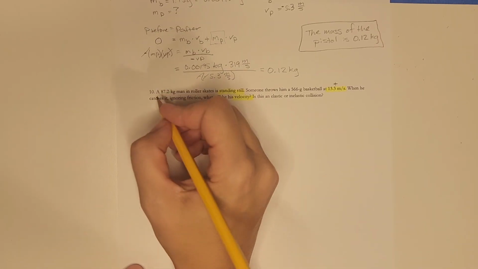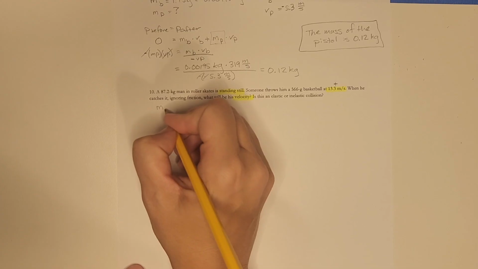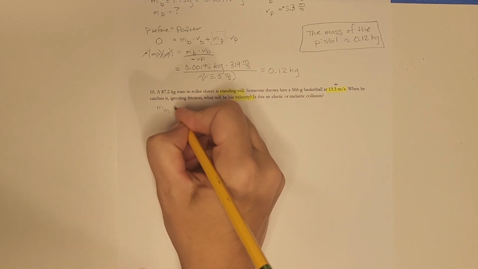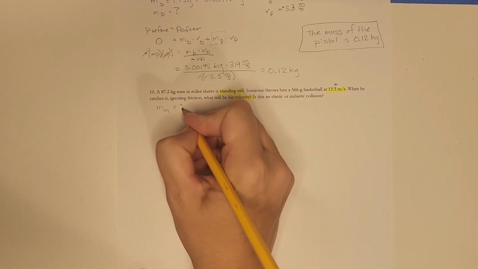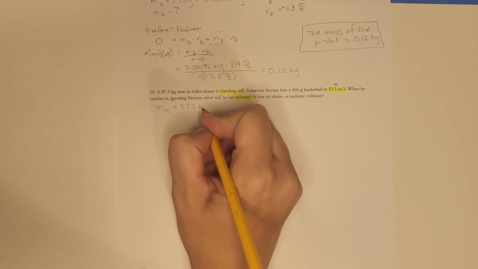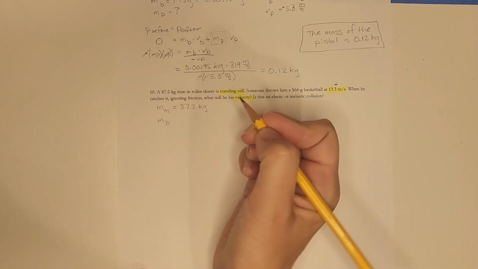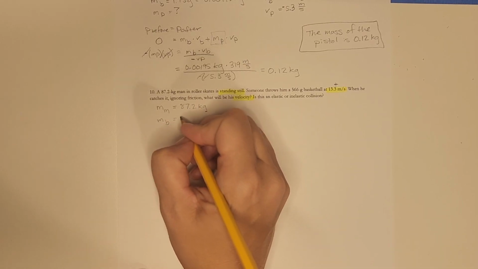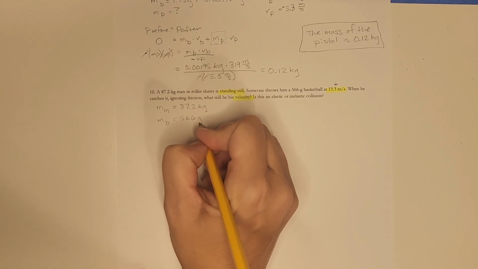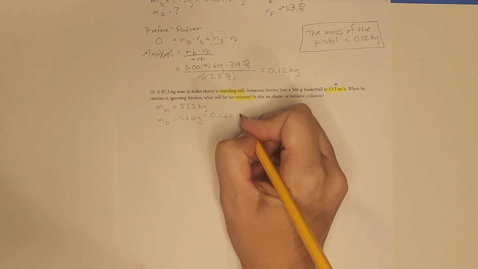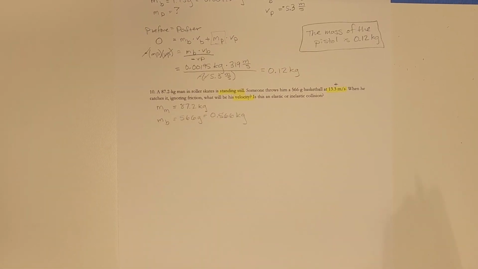So write out what we have. We have our mass of our man, so I'm going to say m_m, and that is 87.2 kilograms. We have the mass of the ball, and that's 566 grams, which is going to be equal to 0.566 kilograms.